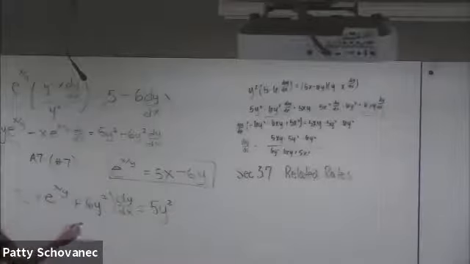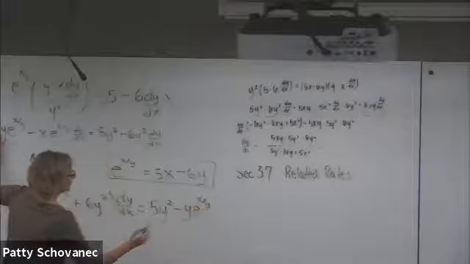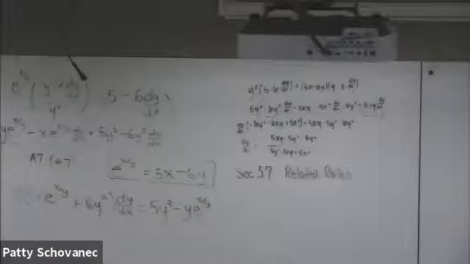And that one moves over as a minus y e to the x over y. So our last step is to divide. dy dx is that stuff divided by this stuff. Try that.